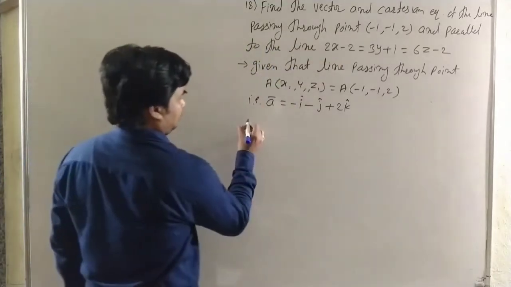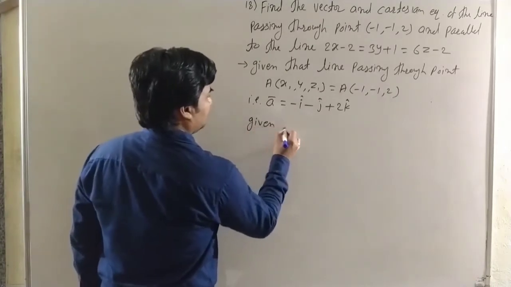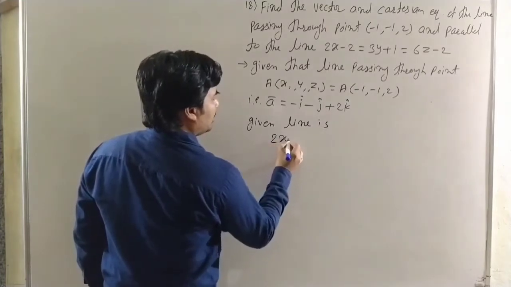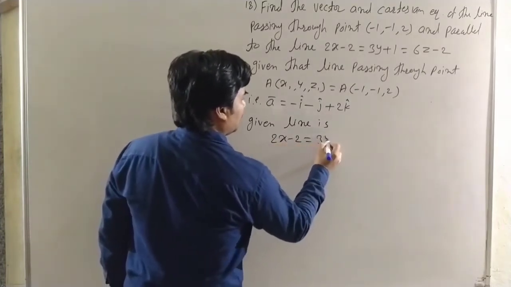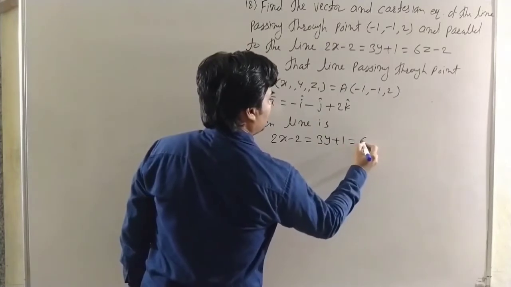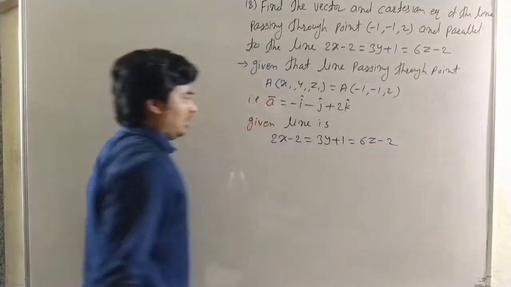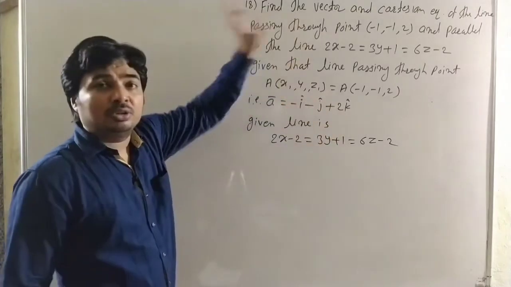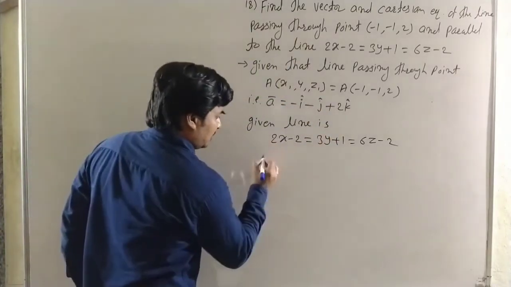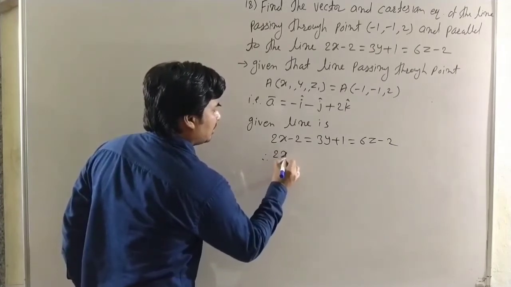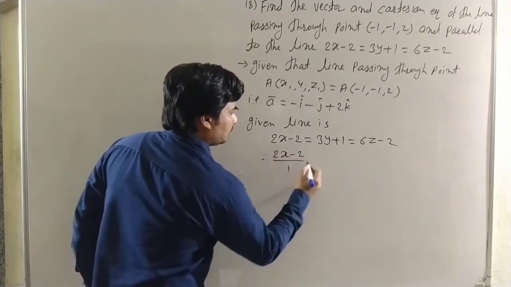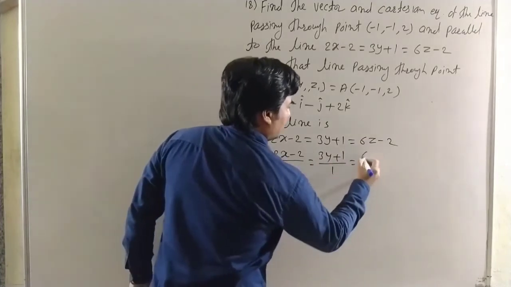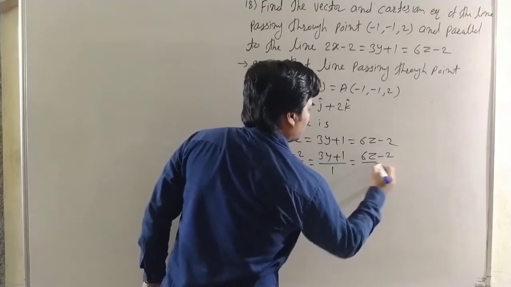Now the given line is 2x minus 2 is equal to 3y plus 1 is equal to 6z minus 2. We find the direction ratios of this line, because it is parallel to the required line. Therefore this line can be written in the form (2x minus 2) upon 1 is equal to (3y plus 1) upon 1 is equal to (6z minus 2) upon 1.